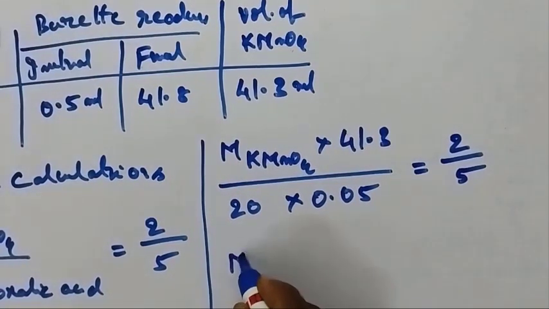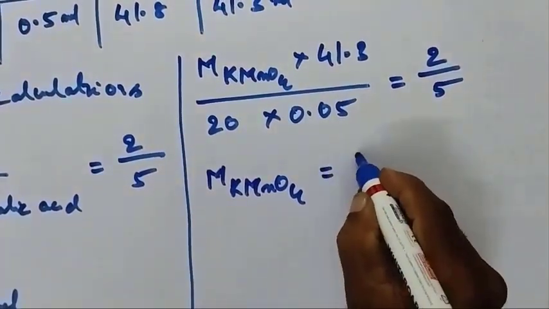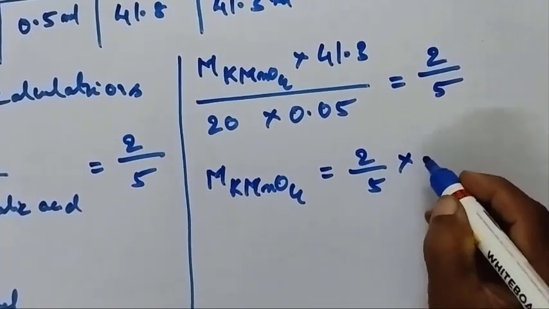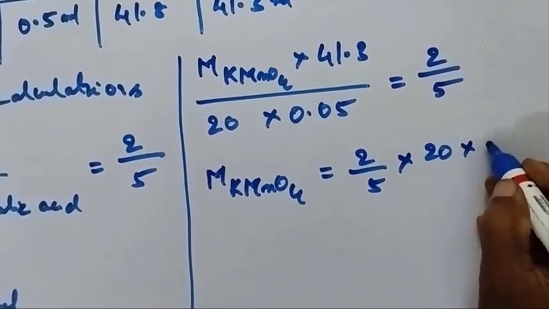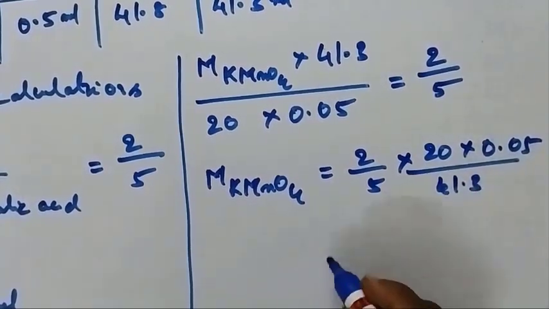So molarity of KMnO4 is equal to 2 by 5 into 20 into 0.05 by 41.3.